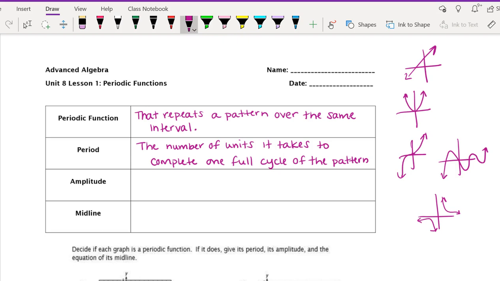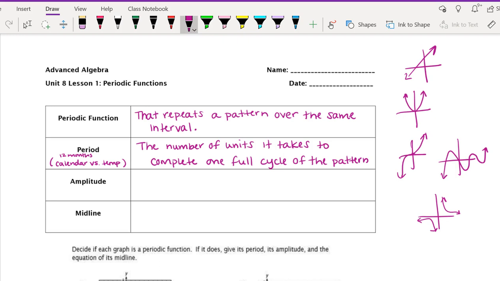And then we start that pattern again. Okay, so think period is like a calendar versus temperature. Okay, the time is 12 months, and we're comparing the different temperatures over the course of a year. So it's cyclical, or it repeats the pattern over a given interval. Our interval is always 12 months.